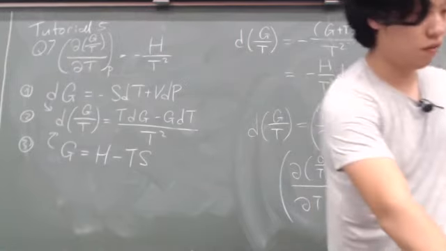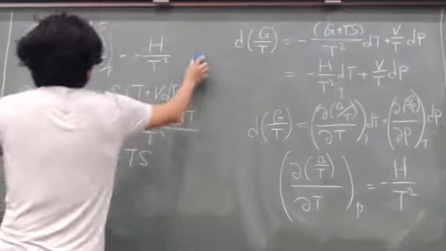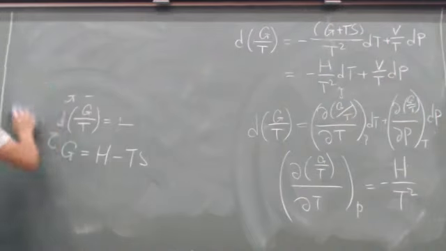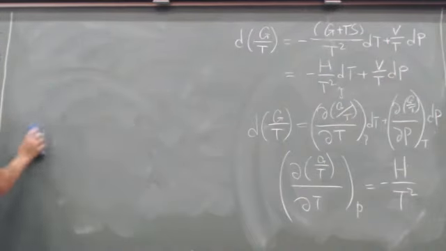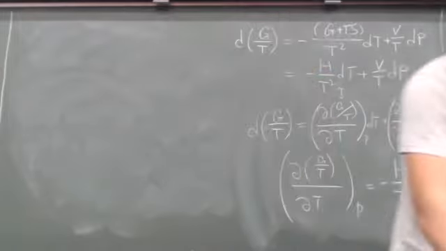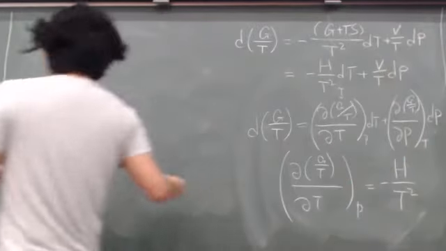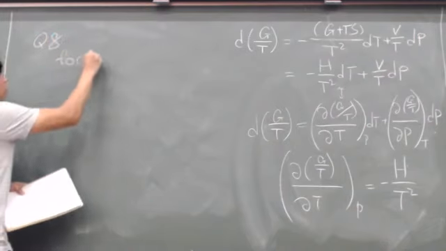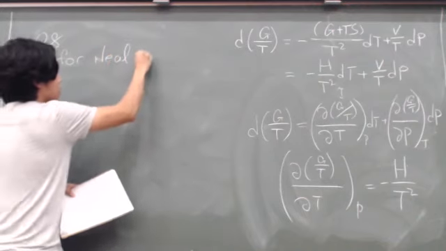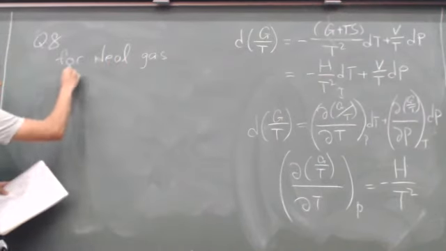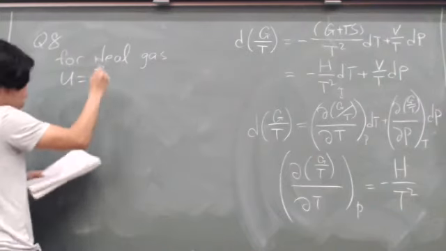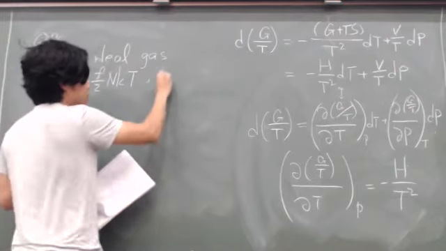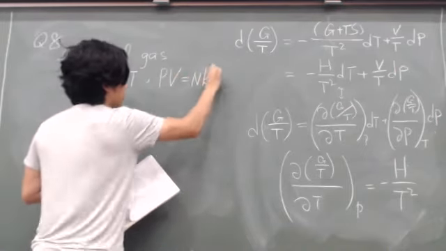And okay, just for fun, you can do question 8 as well to get the enthalpy. So yeah, for an ideal gas, we'll find the enthalpy. Question 8. So for an ideal gas, the internal energy is f on 2 NkT, and the ideal gas law equals NkT.